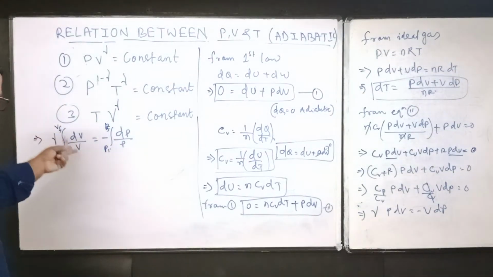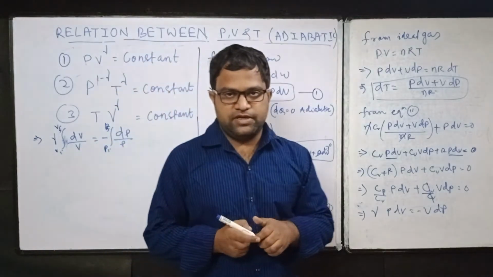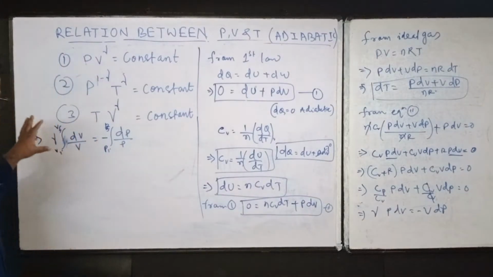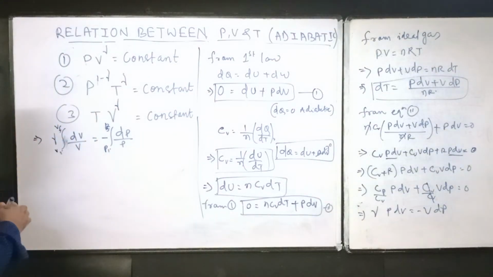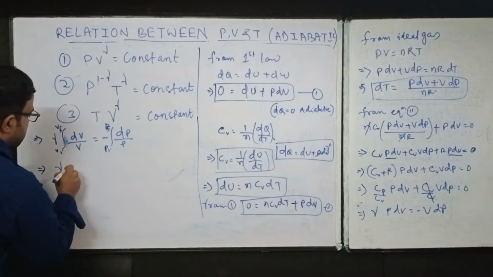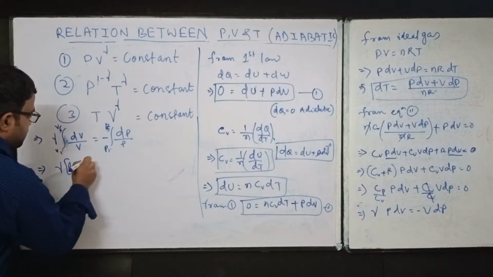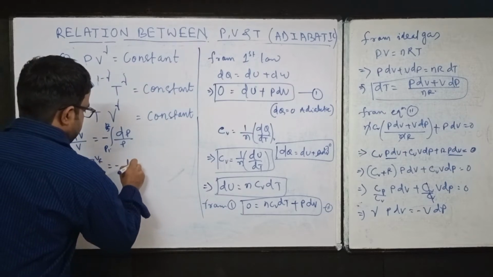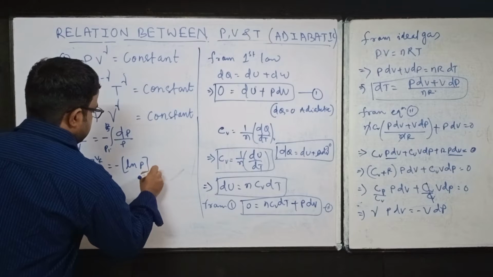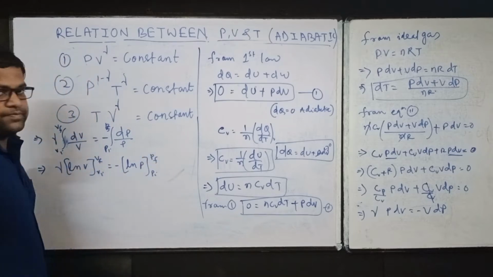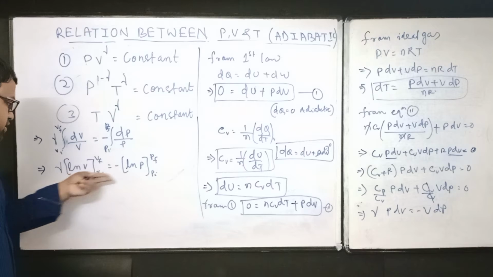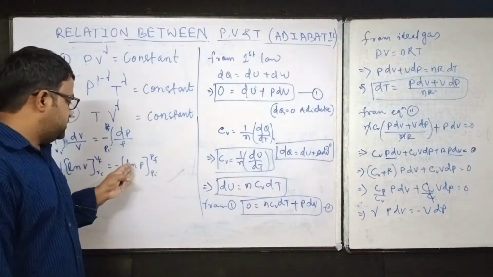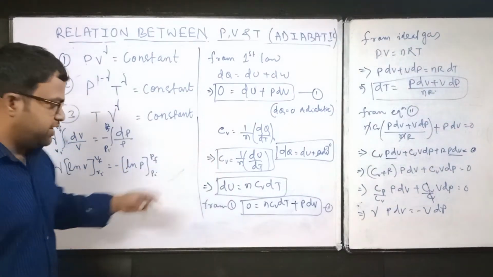Fine. Now the integration of 1 upon V dV is ln V. ln means log base e, where e is 2.71, so it's the natural logarithm. So we'll write gamma times ln V, lower limit Vi, upper limit Vf, equal to minus ln P, lower limit Pi, upper limit Pf. Now I'll use the basic theory of logarithms, that log a minus log b is log a by b.